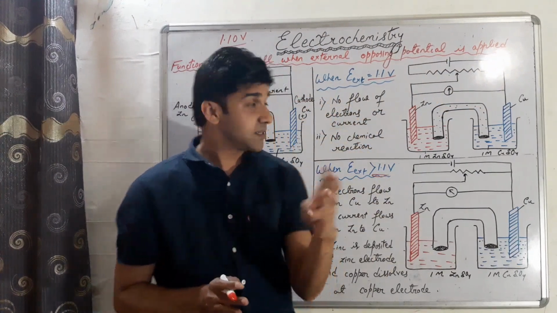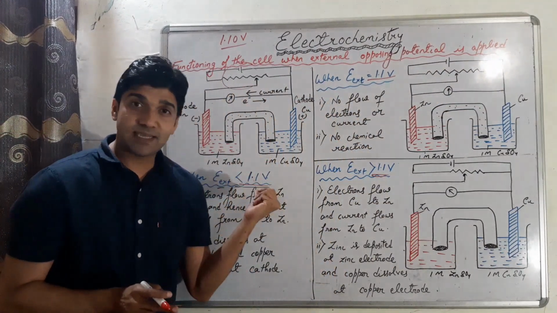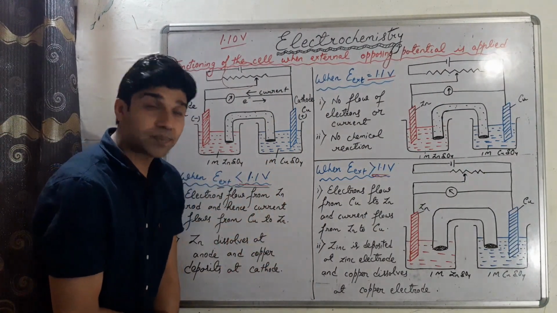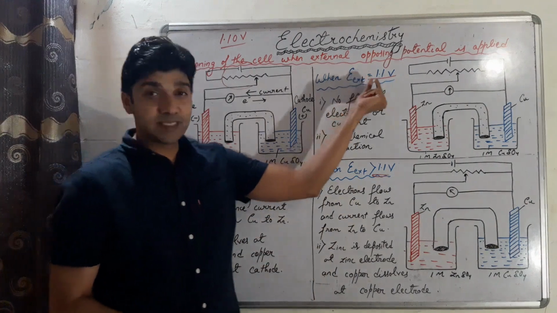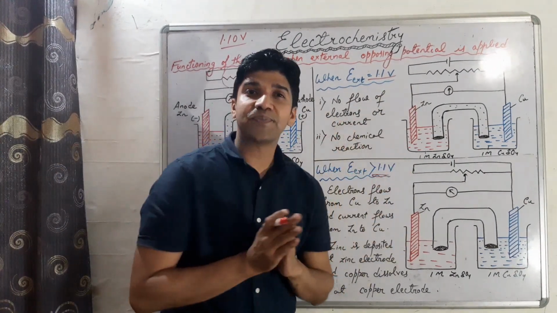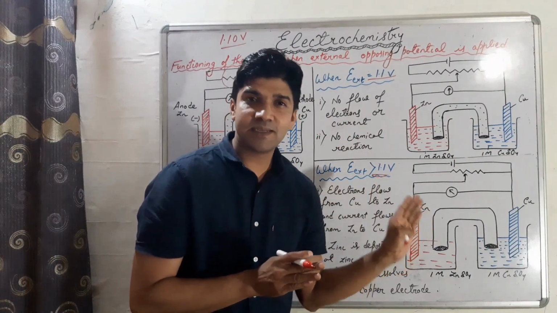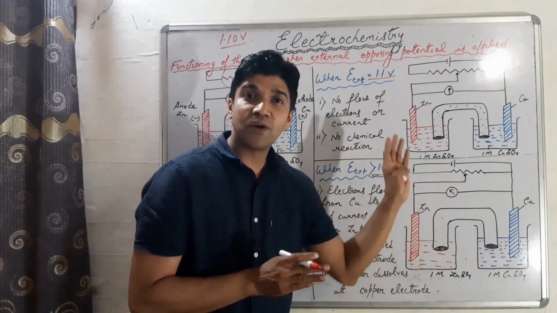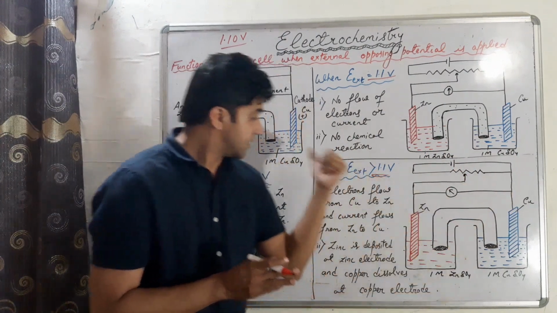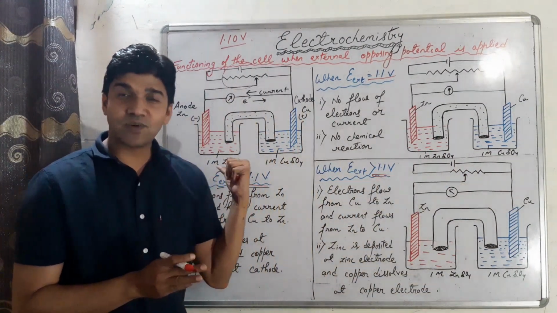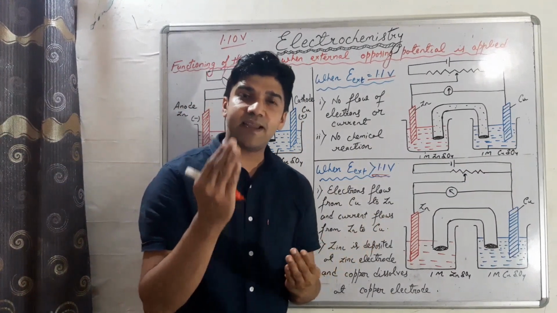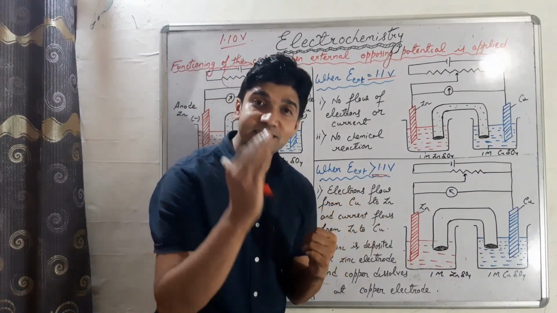तीन केस किया हमने। When the cell potential is less than 1.1 volt, तब क्या हो रहा है? When the cell potential is equal to 1.1 volt, तब क्या हुआ? और लास्ट केस में when the cell potential is more than 1.1 volt, तब क्या हुआ? जब less than 1.1 volt था, it will behave like an electrochemical cell.